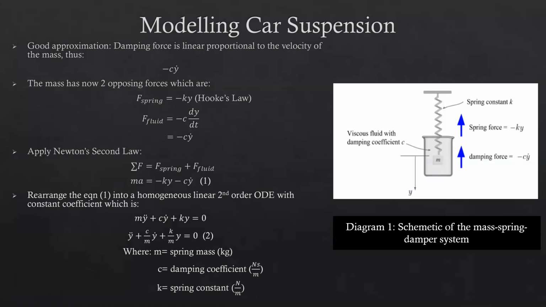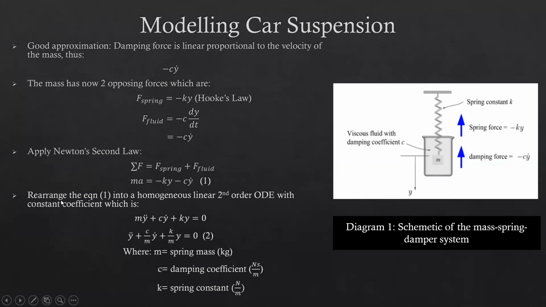So now we apply Newton's second law, which is the sum of F spring plus F fluid. We know that F is equal to ma. So equation 1 will be ma equals minus ky minus cy'.